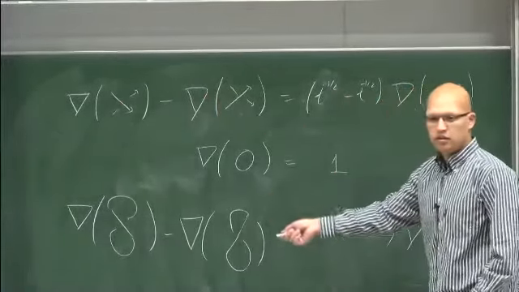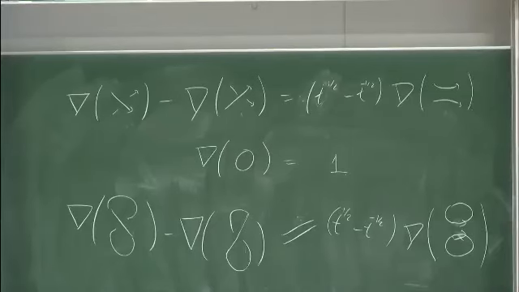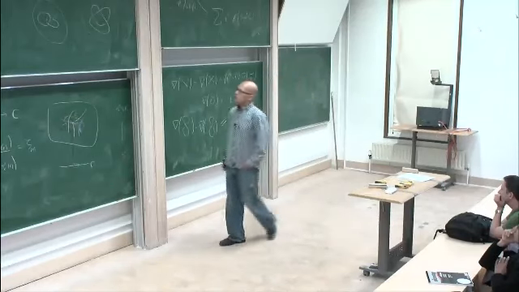And of course, that side's 0. Okay. So that's the Alexander polynomial.